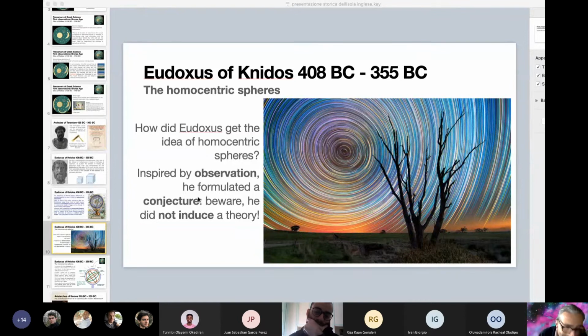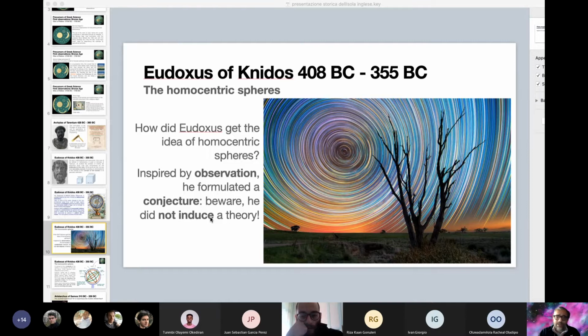So, in every source referring to Eudoxus, you never read that Eudoxus proved that the motion of planets is a composition of spherical motions. You always find words like postulated, hypothesized, conjectured. Okay.